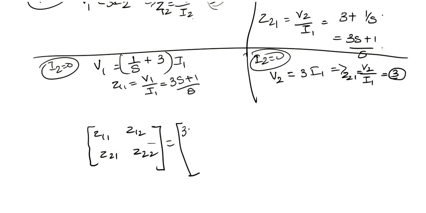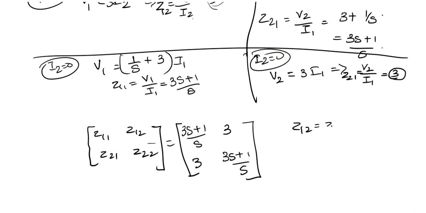Z11 is S plus 1 by S, Z12 is 3, Z21 is also 3, and Z22 is 3 plus 1 by S. See, Z12 will be equal to Z21. This is the condition for reciprocity and this is the condition for symmetry. All are verified.